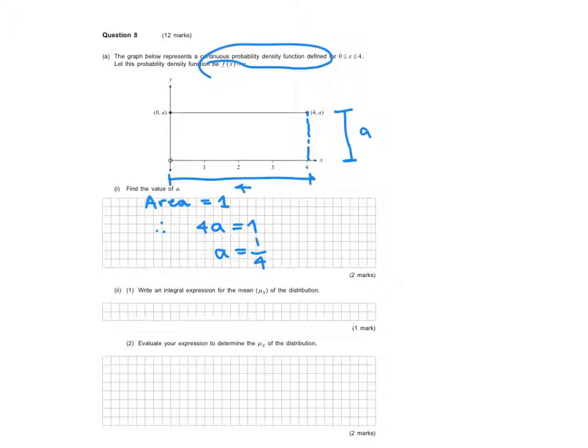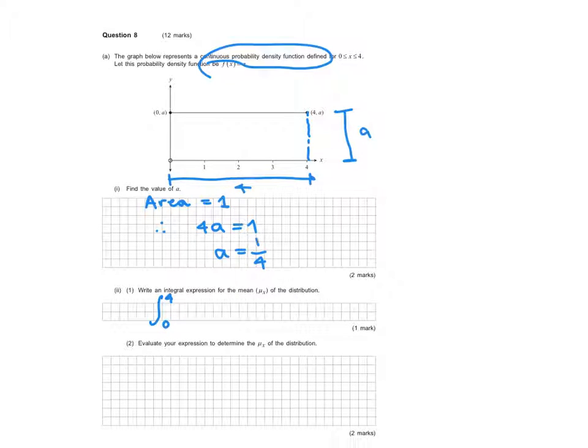The next part of the question is to write an integral expression for the mean of the distribution. So we're going to integrate between 0 and 4, because that's the domain.